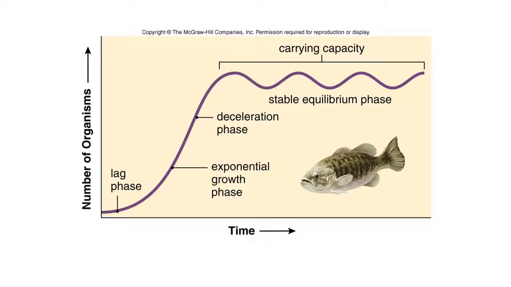So here we're seeing this for this fish right here. And we're seeing this lag phase, and it's going to start to grow, and up it goes, starting to decelerate because we have too much of the fish starting, and so it starts to go up and down toward around that carrying capacity line. So we get to this stable equilibrium.